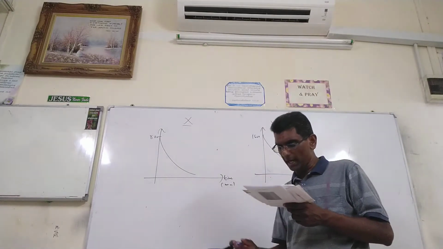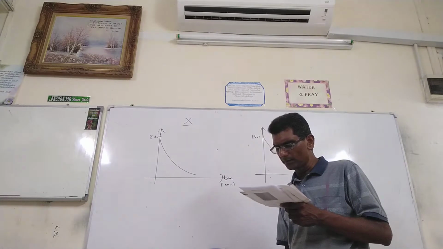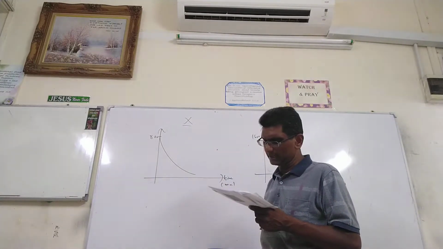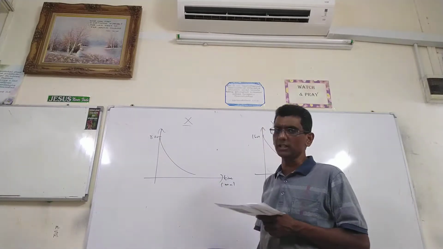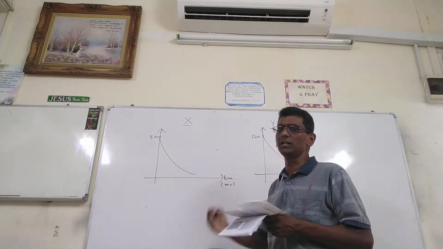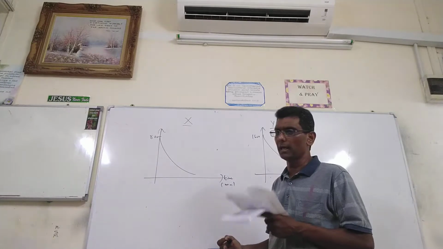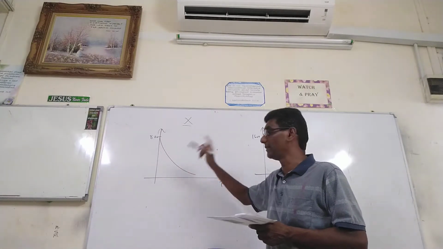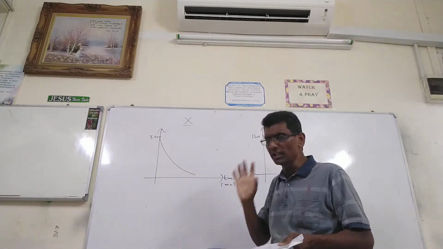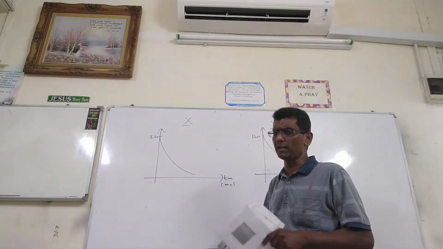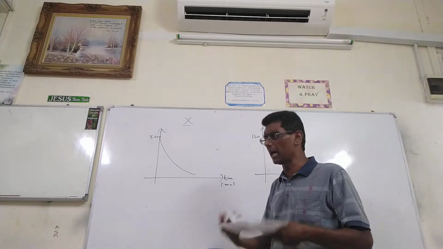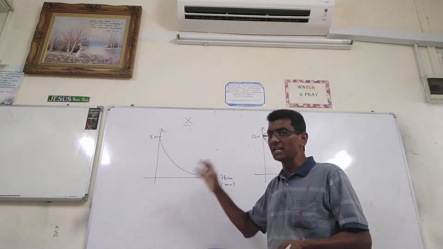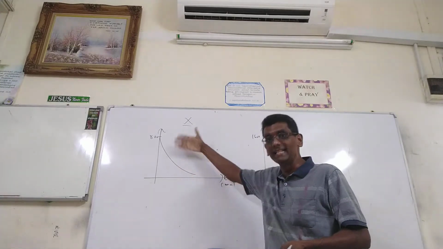This is an exponential graph for the activity of X and Y. So all radioactive substances, whether they emit alpha, beta, or gamma, decay or decrease in this manner.